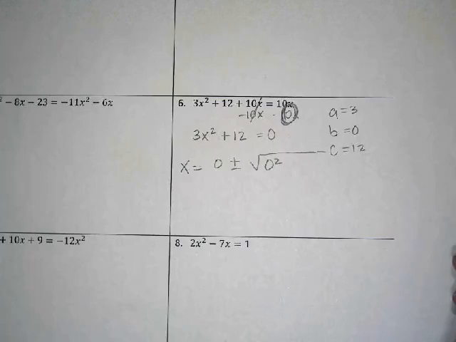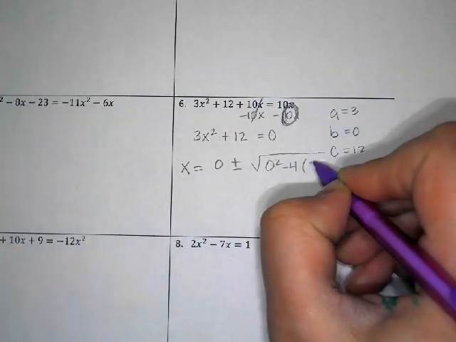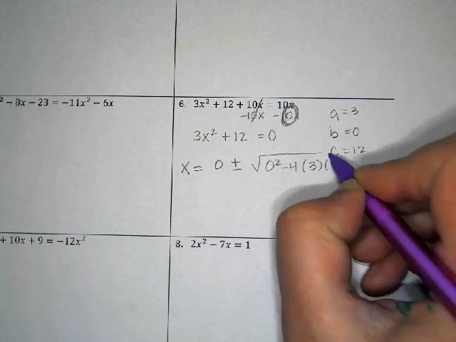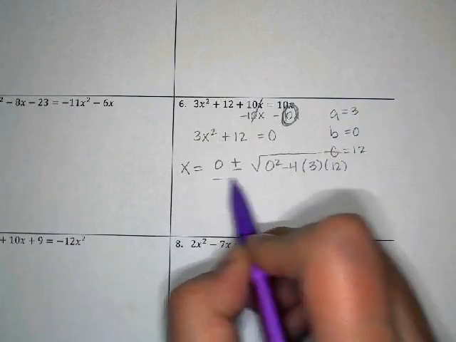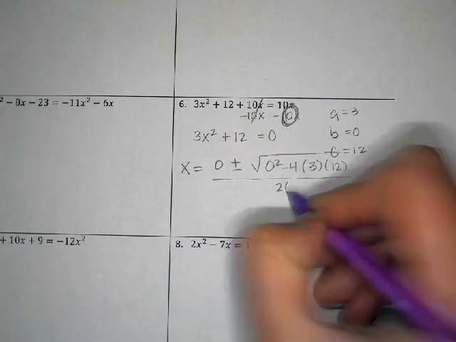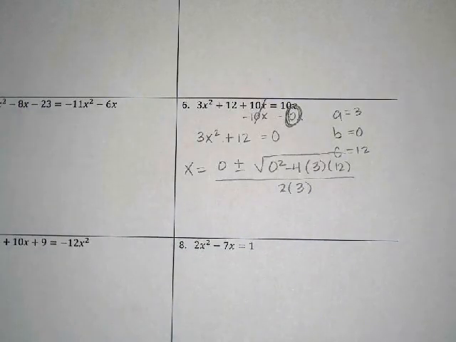So minus 4 times 3, there's your A value. 12 is your C value. And all of this is divided by what? 2 times 3. Okay. What do we plug into the calculator first? The discriminant. What'd you get? Okay.